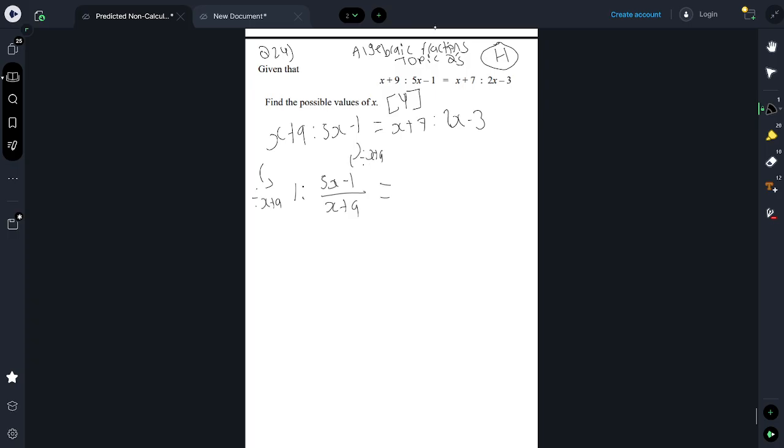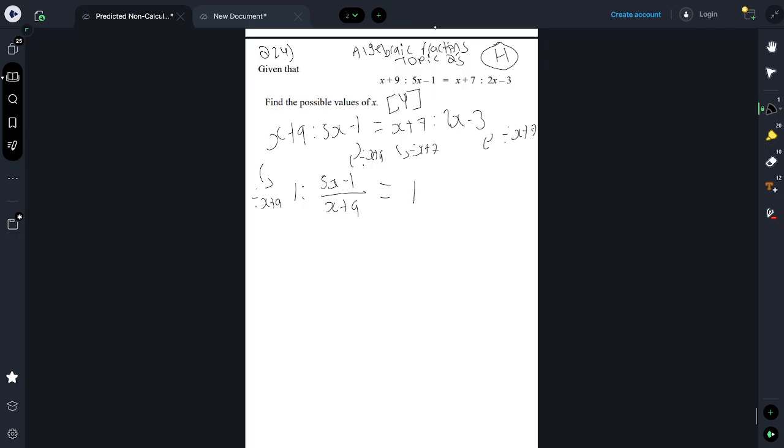Now this is the same ratio again, and we're going to do the exact same thing here. We are going to divide by x plus 7, the first number, and divide x plus 7 here. Divide both sides. So it's kind of like simplifying a ratio, right? 2 to 4, divide by 2 to get 1 to 2. That's what we're doing, but with algebra. So we can divide by itself.